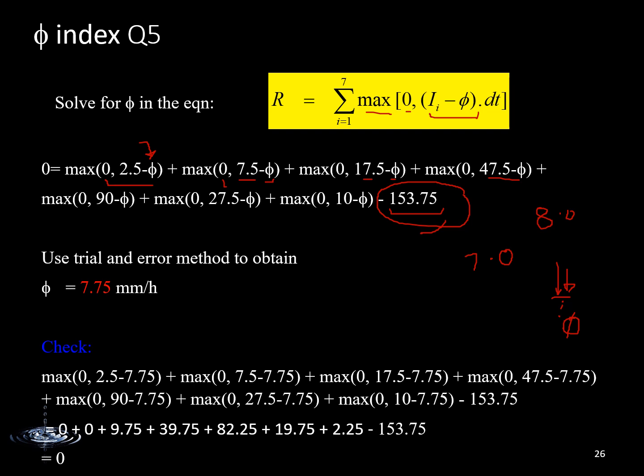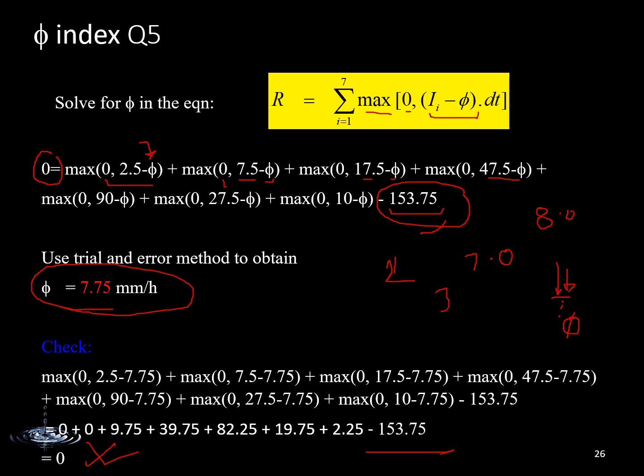Now what we do here is try different values of phi. We play around with the value of phi. We can assume phi equals 1 and see the result, then move to 2 and check 3, and ultimately if you get 7.75, you get exactly the measured runoff, and that means the phi index for that location for the scenario is 7.75 millimeter per hour.